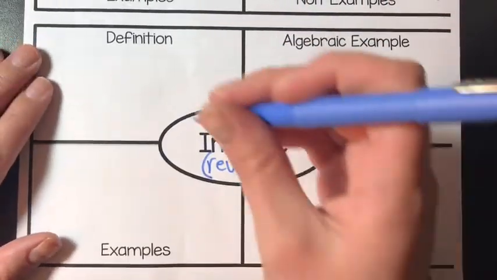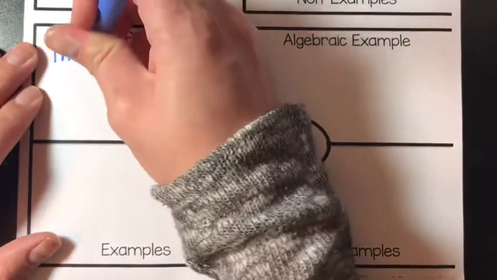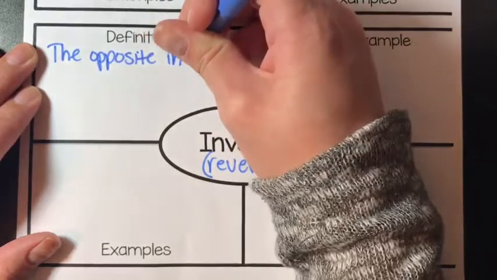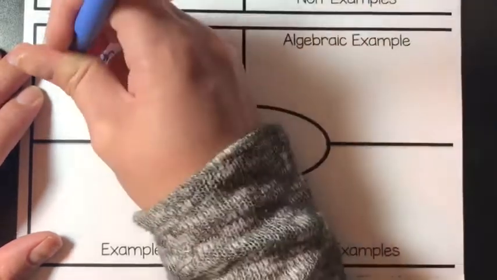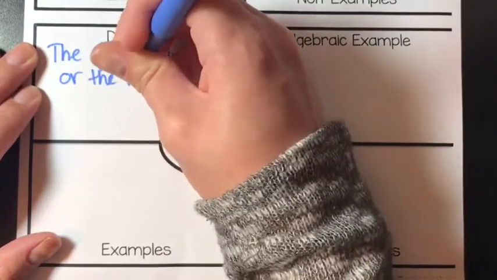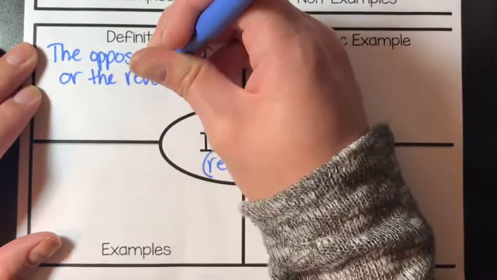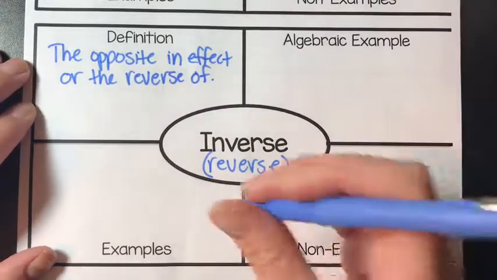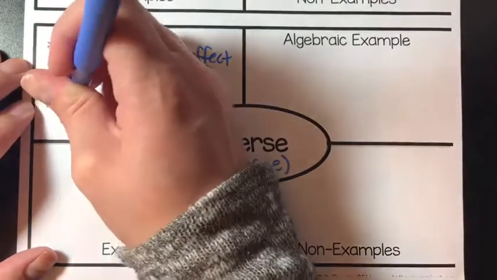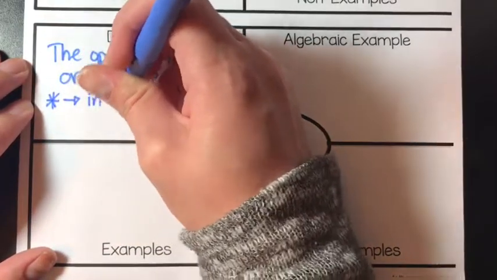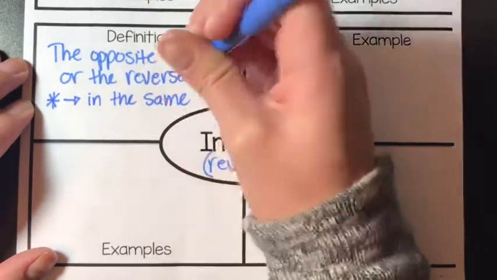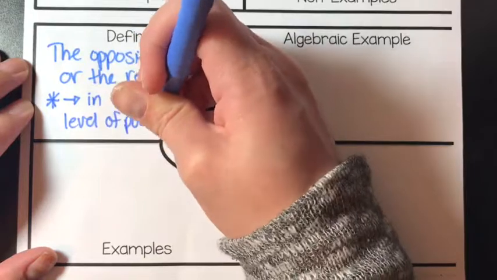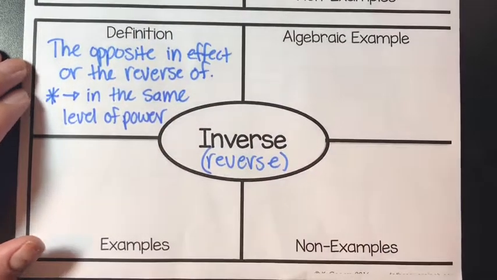So mathematically, the definition is the opposite in effect, or the reverse of, and then put a little star here, in the same level of power. And you'll know what I mean by that in just a moment.